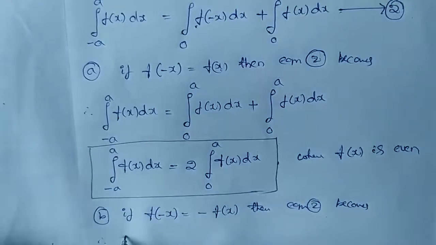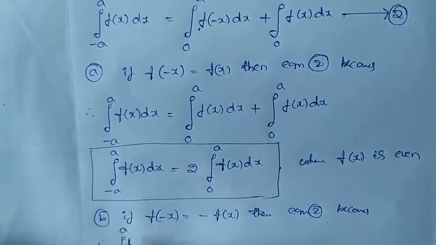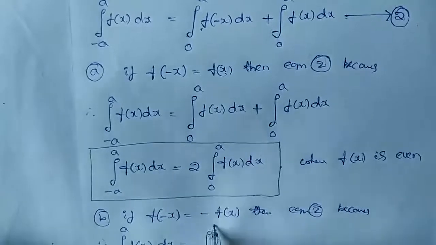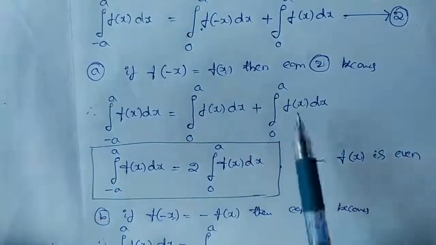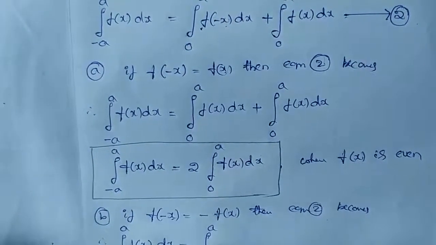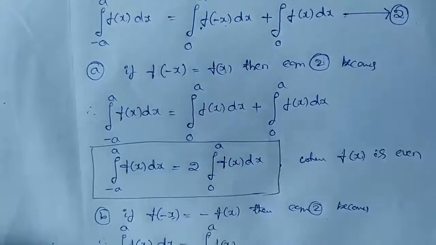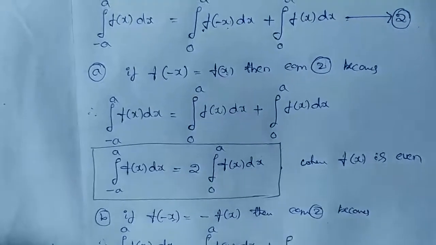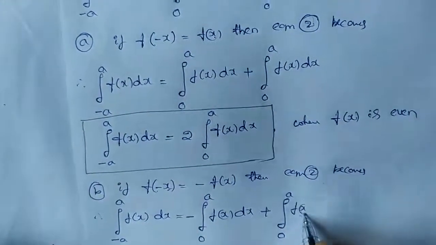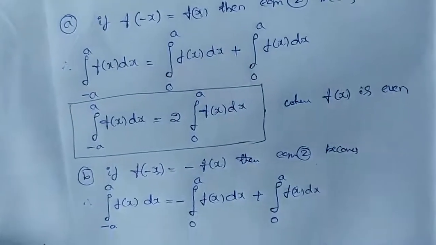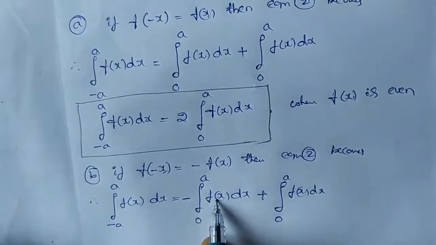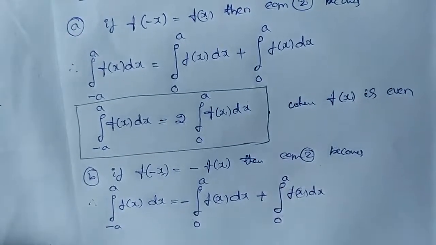From equation 2, integration of minus a to a f of x dx equals integration of 0 to a, in place of f of minus x I am putting minus f of x, so it will be minus f of x dx plus integration of 0 to a f of x dx. Hence it is minus integration of 0 to a f of x dx plus integration of 0 to a f of x dx.